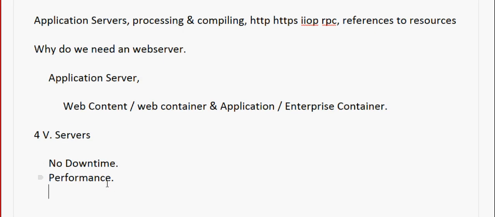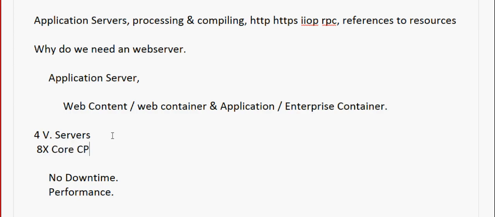All right, so the cost is not a factor because they are giving you 4 virtual servers. If you want me to be very specific, they are giving you 8x core CPU with 16 GB of RAM each. So hard disk, it doesn't matter how much you want, you can take it.